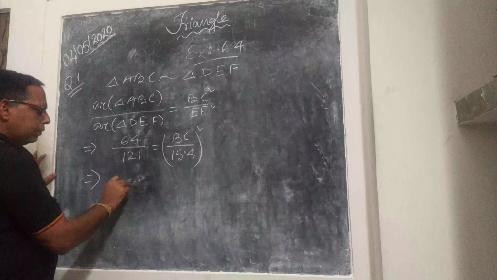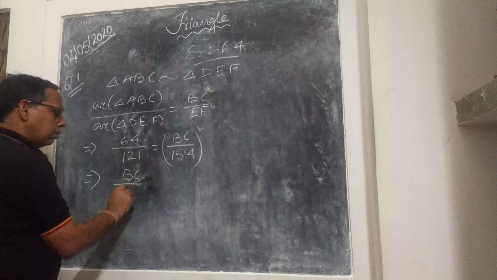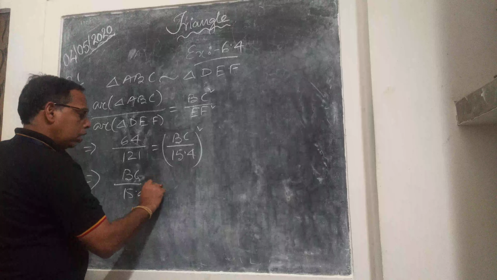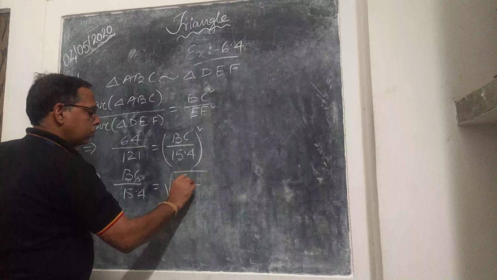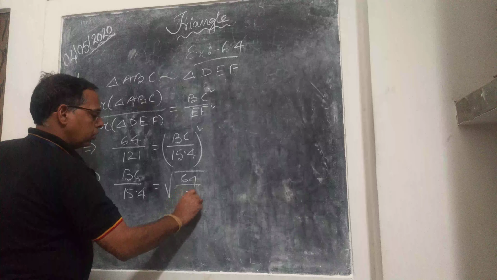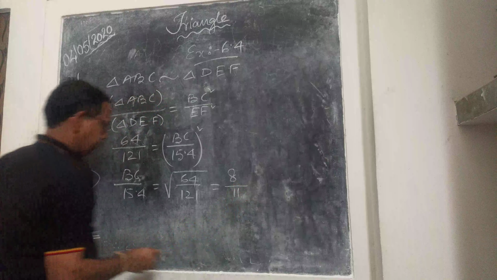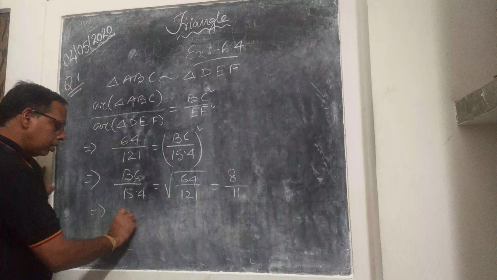Then BC by 15.4 equals root of 64 by 121, which equals 8 by 11. Now just cross multiply.